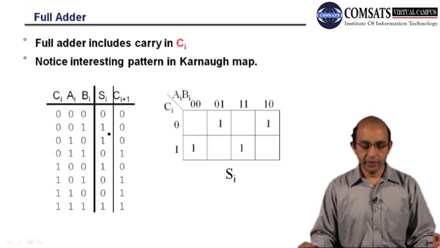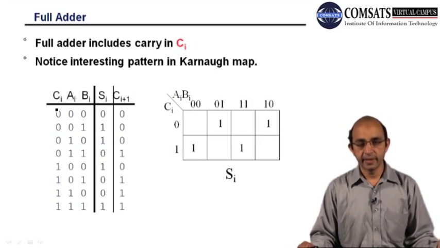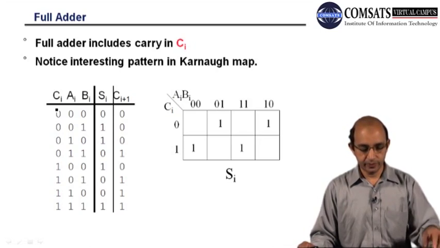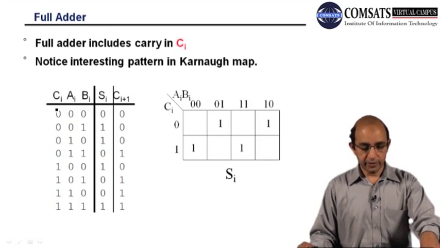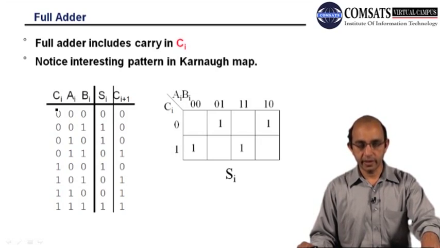So now we have a truth table. We are actually interested in designing an adder circuit that can perform the addition of more number of bits. Here we have taken 4 bits.